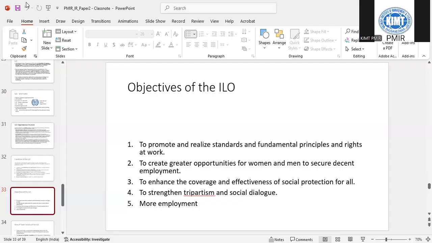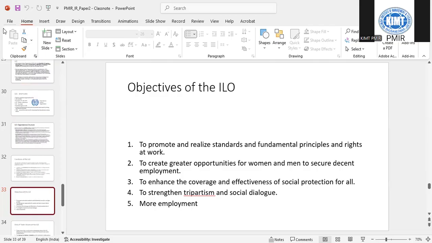It's also reviewing the employment related data, unemployment related data, how we can create more employment, what type of industrialization is required in the country. So that kind of things are part of ILO objective.